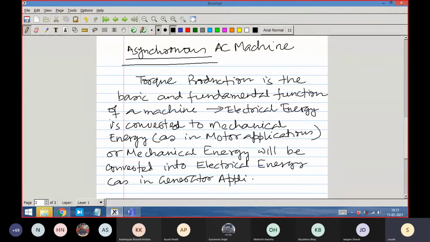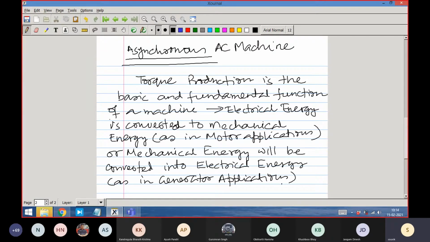So in both cases we will say torque is produced. Don't misunderstand me. Torque is produced, but when it is motor application, that means electrical energy is converted into mechanical energy, we'll structure it such a way that the torque would be considered to be positive. And when the mechanical energy is converted to the electrical energy, we'll consider that the torque is negative. So it's a convention of sign, plus and minus.